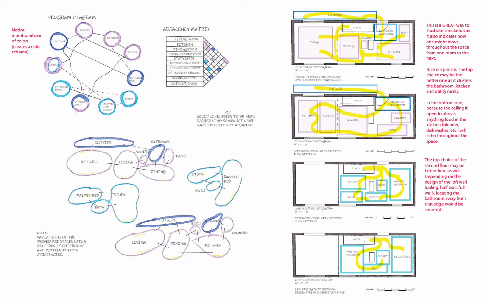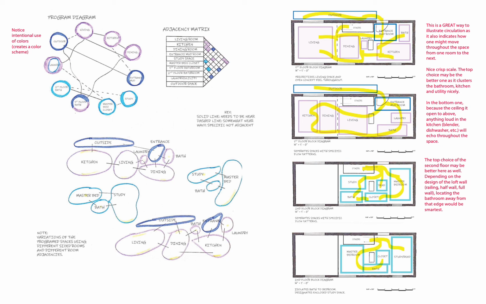And then let's see. I am noticing there are 2 options for each. So there's 2 options for the first floor and 2 options for the second floor. So I do think that the top option in both would be the best choice.